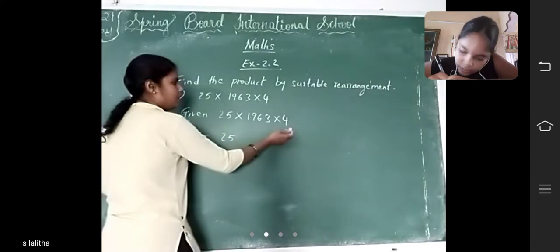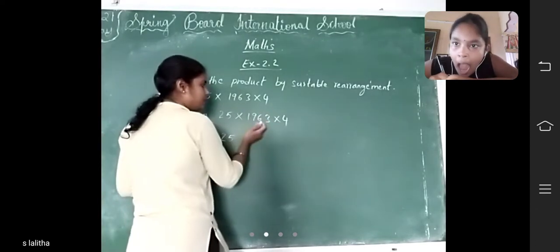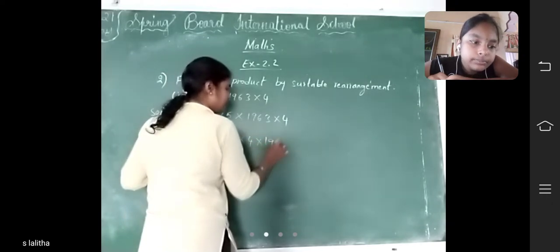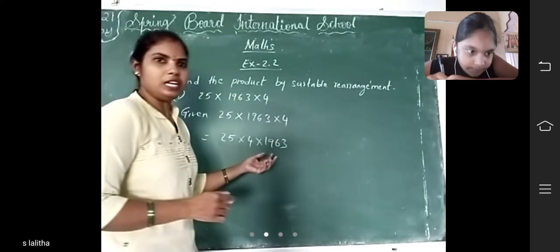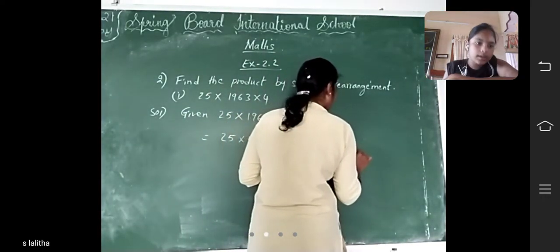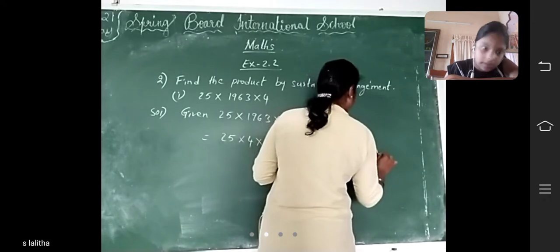So 25. Now I am moving the 4 this side and 1963 this side: 4 into 1963. So which property is it? By commutative.